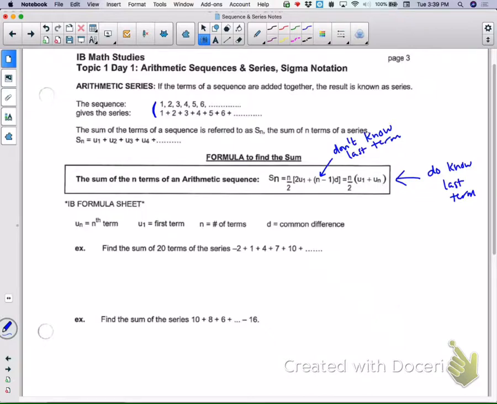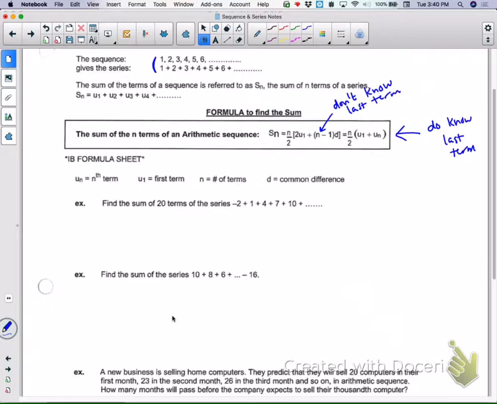Okay. And then those numbers all mean the same thing again. Find the sum of 20 terms of the series, -2 plus 1 plus 4, and so on. Well, in this case, I don't know what the 20th term is. I could find it, but like I said, I can use that other formula. So in this case, my n is 20, because I'm doing the sum of 20 numbers. My first term is -2, and my d, just by looking at it, would be 3.